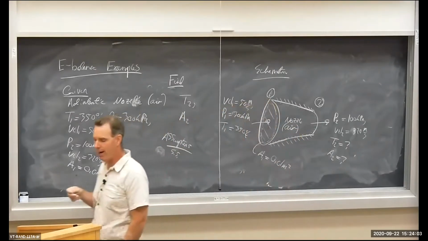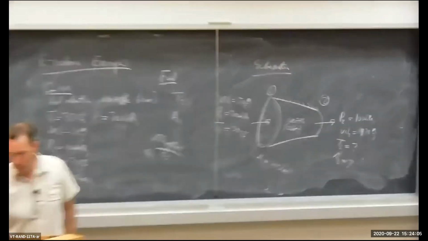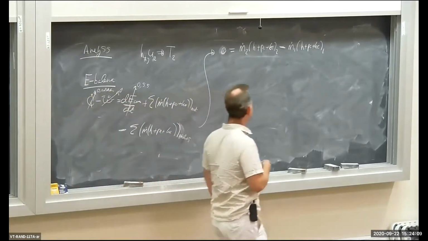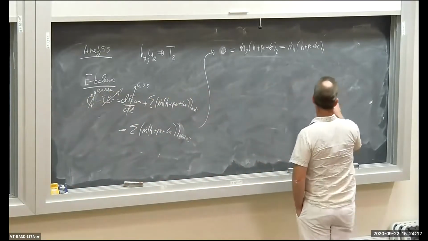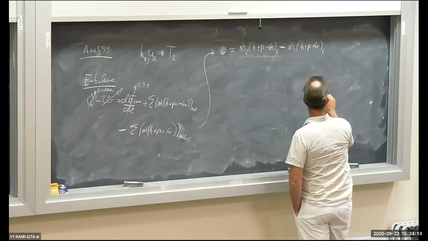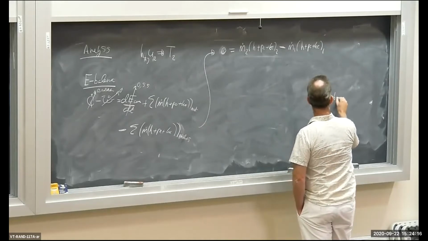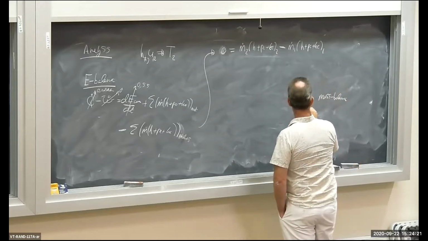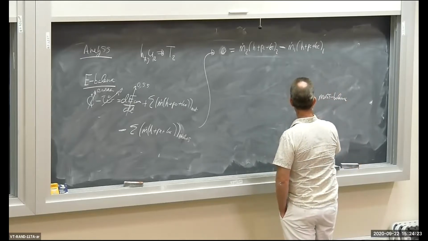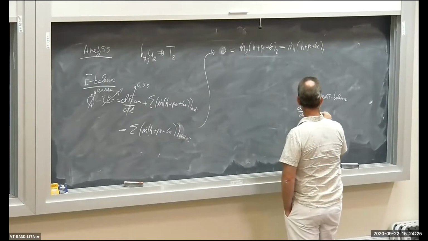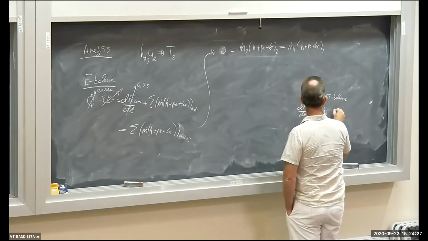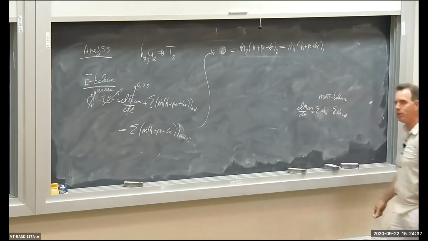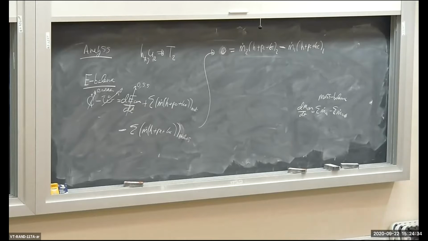Let's apply the mass balance to our nozzle. Time rate of change of mass within our control volume is equal to the sum of the inlet flows minus the sum of the outlet flows. That's mass conservation for our nozzle.